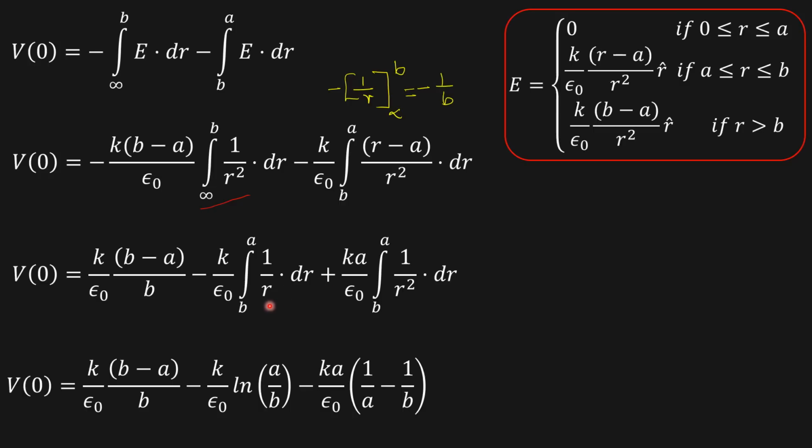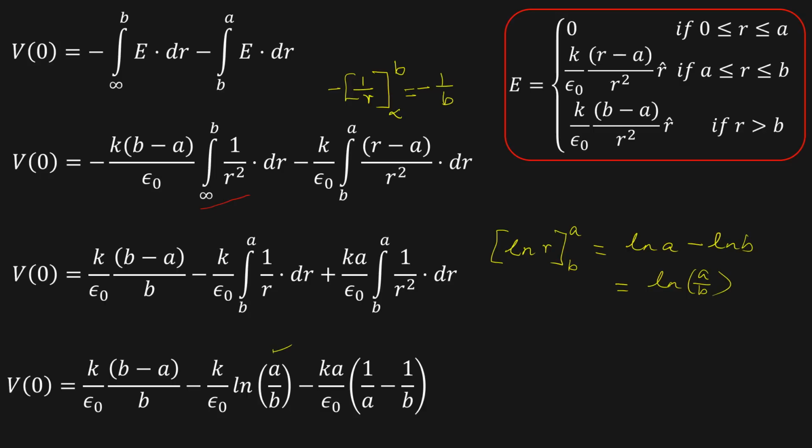Now we have to solve the second integral. What will you get if you integrate 1 over R? You will get the natural logarithm of R, and you have to apply the limit between P and A. A is the upper limit, so this will become natural logarithm of A minus natural logarithm of P, which can be written as natural logarithm of A by P. So that's what I have written.